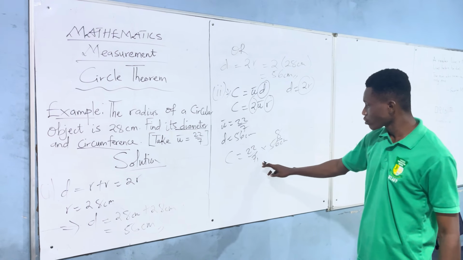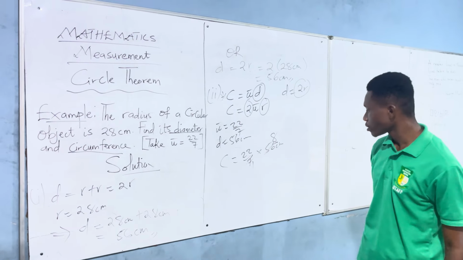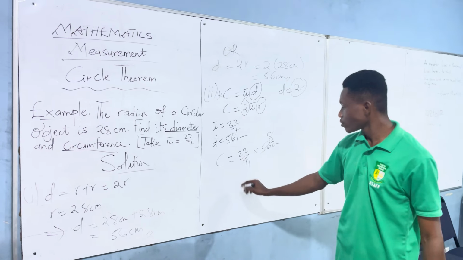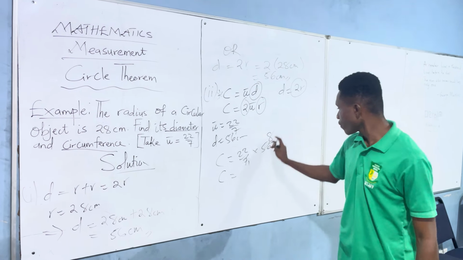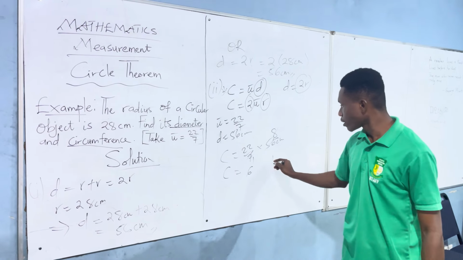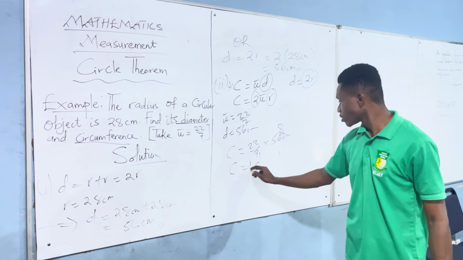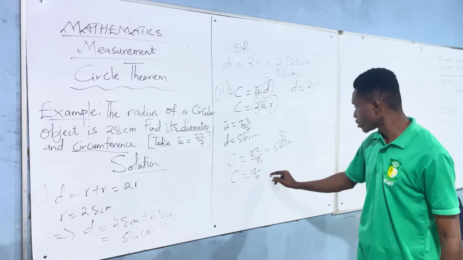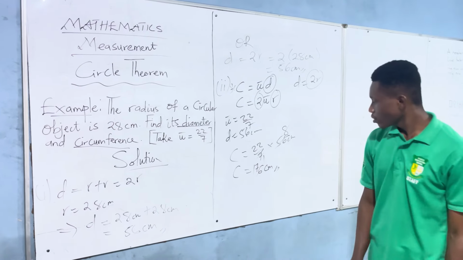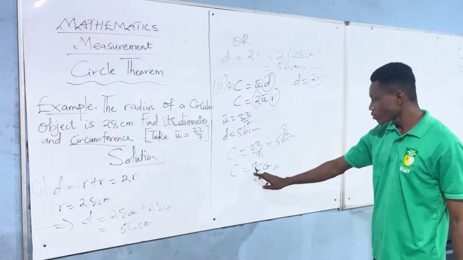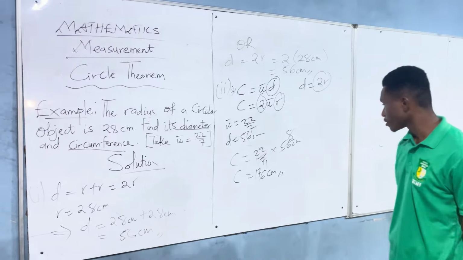So 7 will cancel itself once and cancel 56 eight times. Now 8 times 22: 8 times 2 is 16, 6 carry 1. Another 8 times 2 is 16 plus 1, which is 17. And the unit, don't forget. So the answer is 176 centimeters.